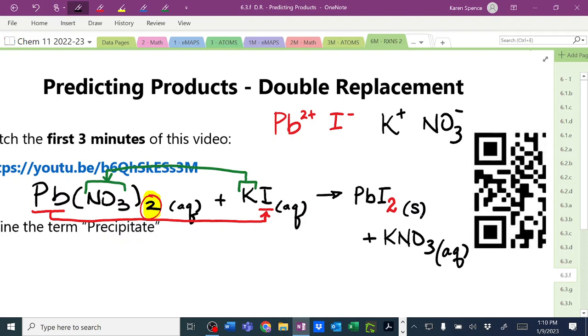Yes. Okay, so that's super duper, that's awesome. Let's balance this sucker. I think all we need to do is put a 2 here to give us 2 NO3s, and then a 2 here to give us 2 Ks and 2 Is, and we're good to go.